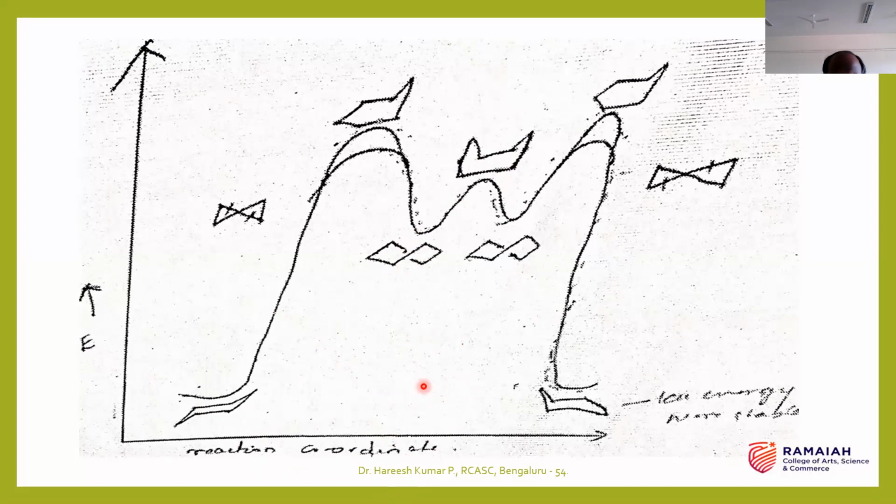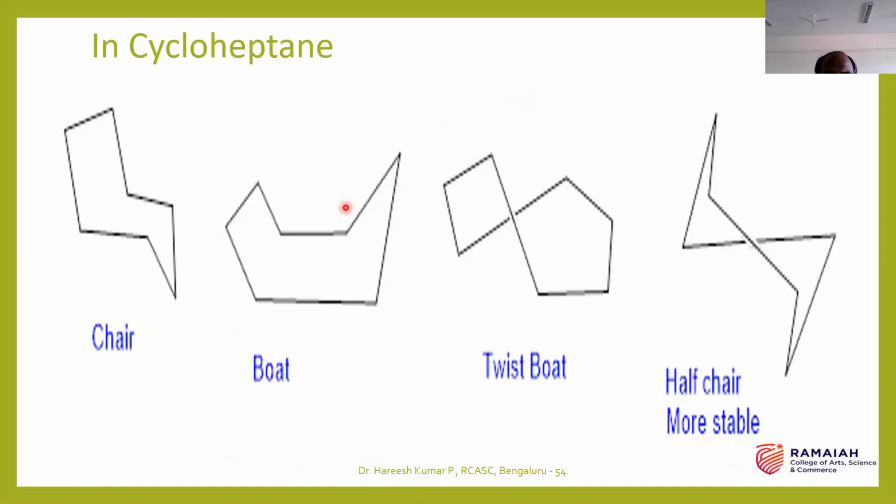Now let's move on to six-membered substituted compounds. Let's take 1,2 substituted and 1,3 substituted cyclohexane and their conformations. Before that, we will look into cycloheptane. Cycloheptane is also a medium ring. This is the chair form, this is the boat form, twist boat, this is again twist boat, and this one is the half chair.